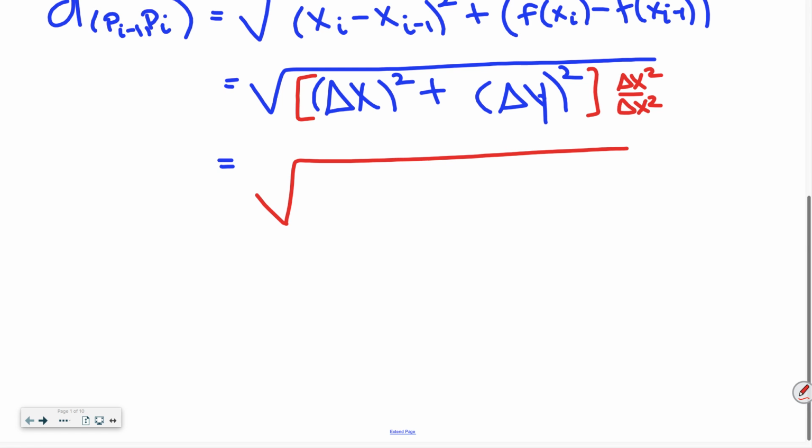So when we distribute this through, I am going to leave this undistributed, and I'm going to distribute the denominator through. Does that make sense? So we would get 1 plus change in y squared over change in x squared.